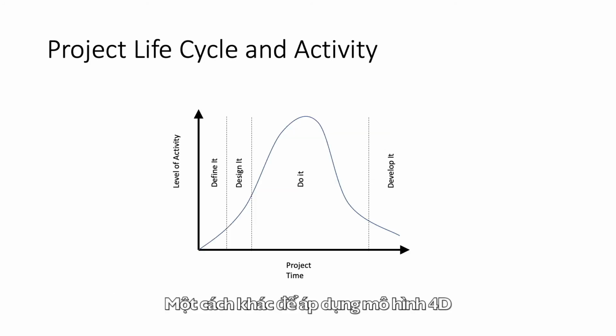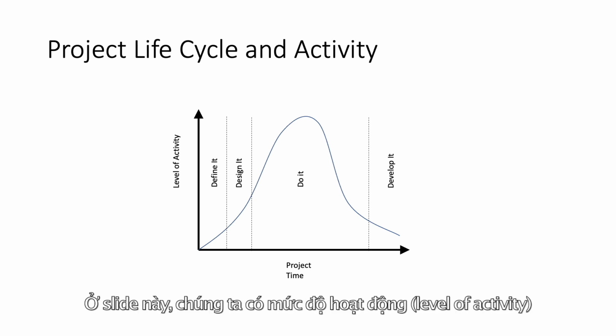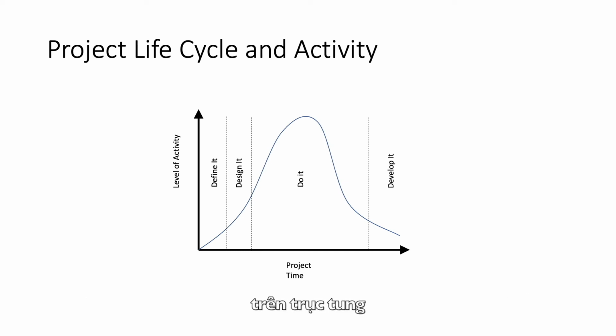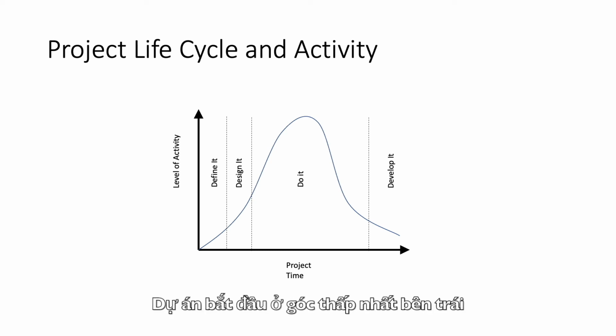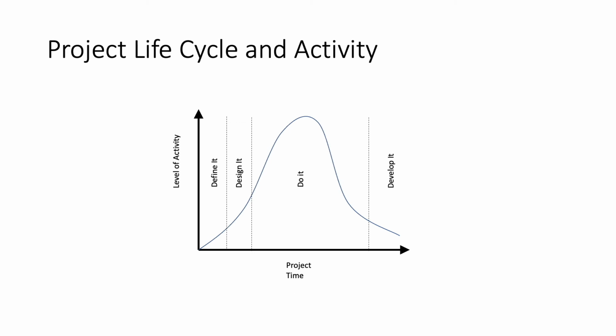We can also look at the 4D model in terms of the level of activity that occurs during each of those four phases during the life cycle of a project. So on this slide, we're plotting the level of activity on the vertical axis and the project time on the horizontal axis, where the project starts in the far lower left corner and ends over on the far right.